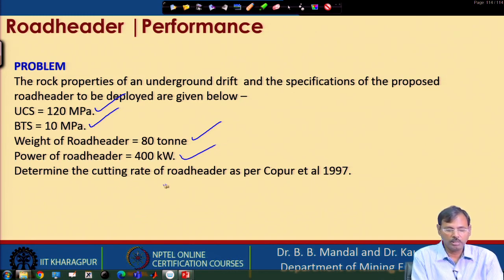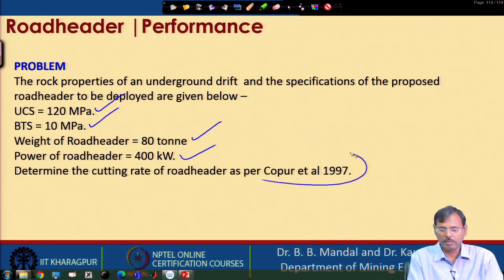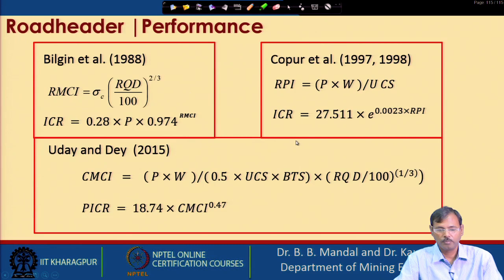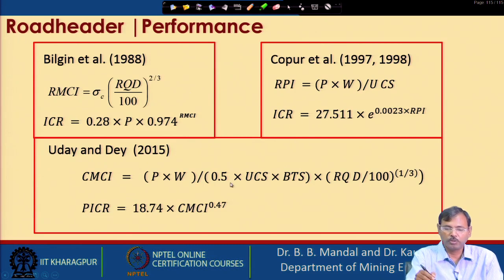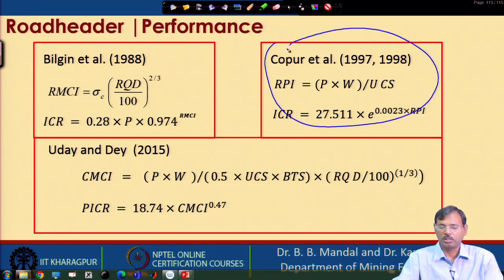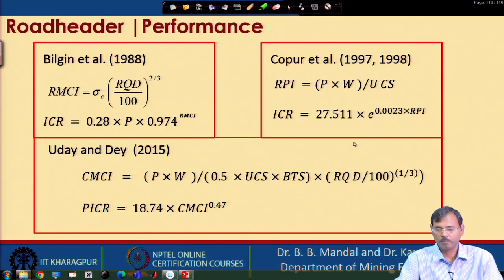Then determine the cutting rate of the road header using Cooper's formula. So, let us look once again into Cooper's formula. So, this is the Cooper formula which can be used for prediction of the performance of the road header.